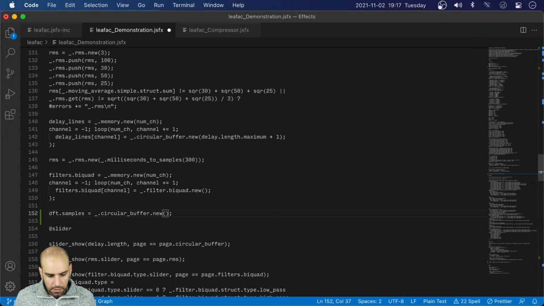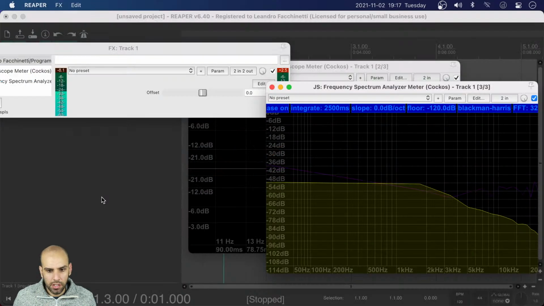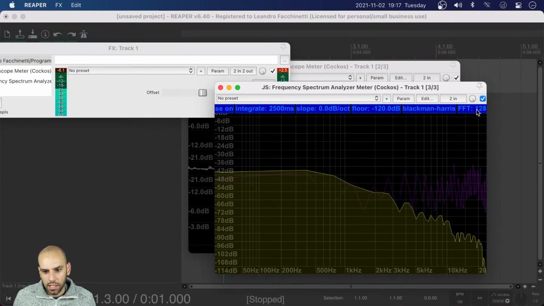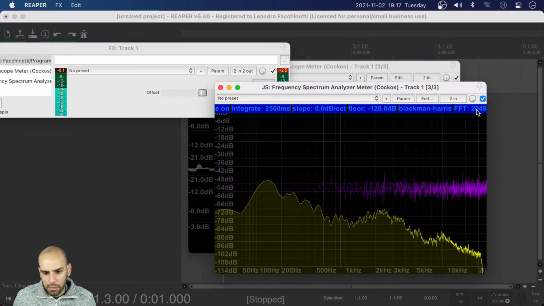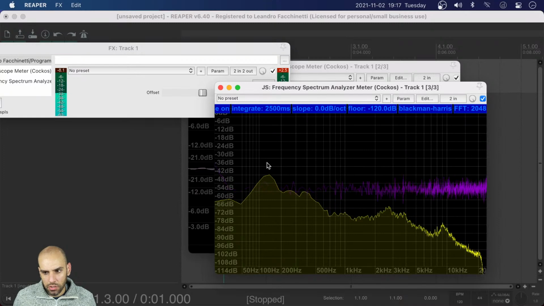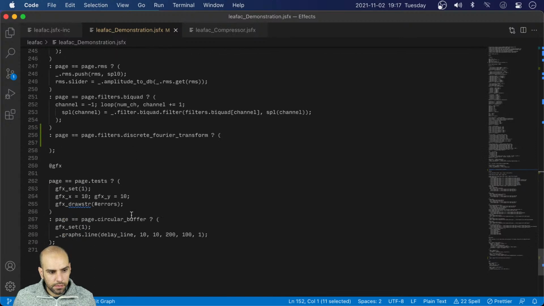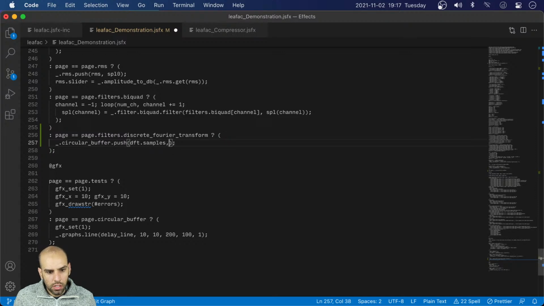Now, I said that to be faster, it would probably be below 32 samples, but 32 samples does not give me a graph that I like. So let me go up to maybe this. This is a graph that looks okay. So let's do 2048. And then over there, I am going to push into the circular buffer the left-hand side sample.